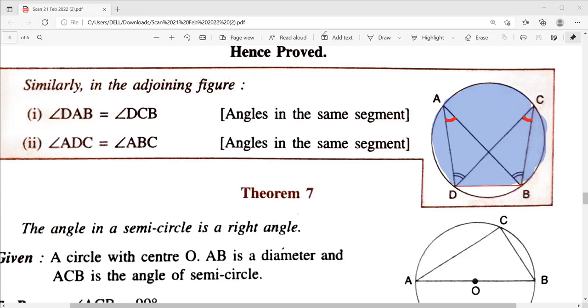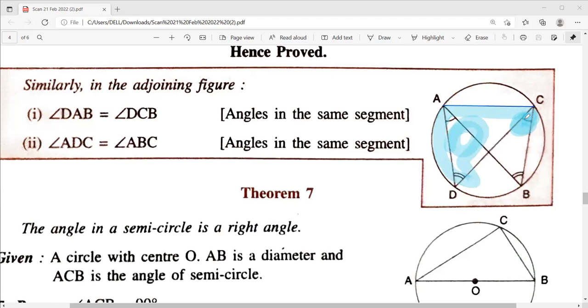Further, now I go for another chord, say chord AC. AC will now divide the circle into 2 segments.